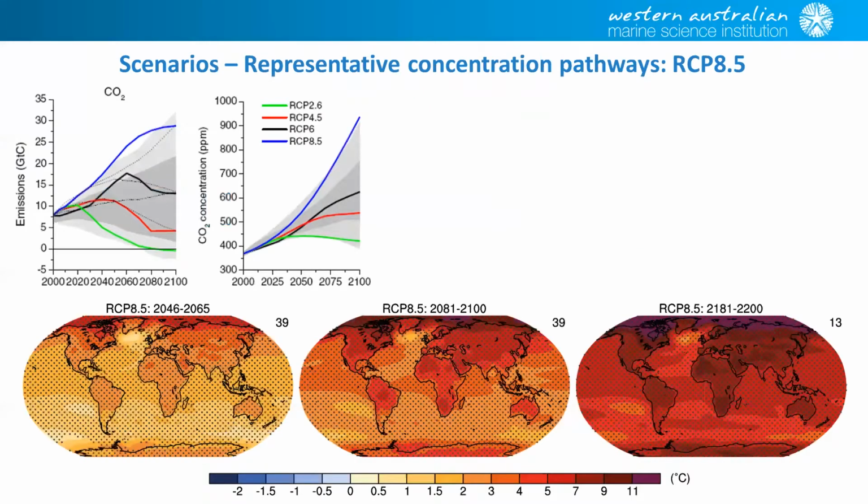So first of all, we look at the IPCC model simulation. IPCC has devised a few CO2 emission scenarios. They call them representative concentration pathways. RCP 8.5 is the highest one, RCP 4.5 is a middle range, and 2.6 is more on the lower range.